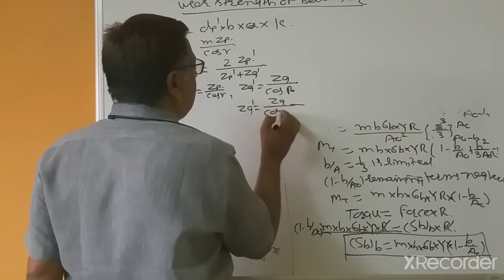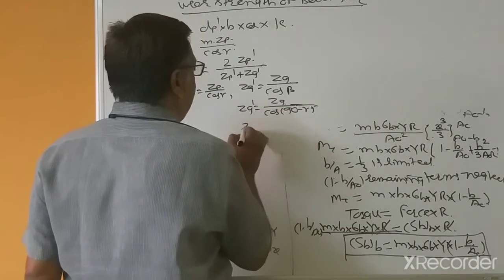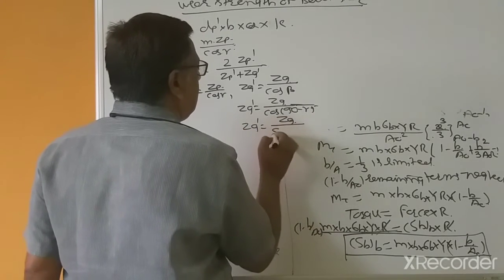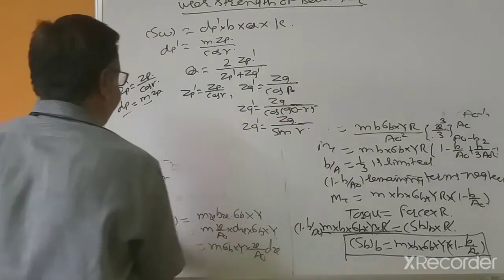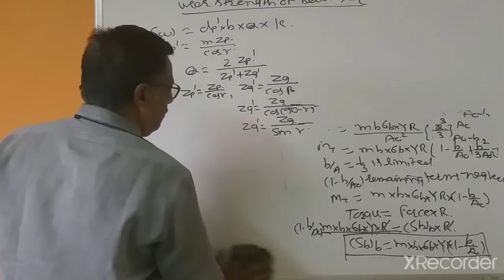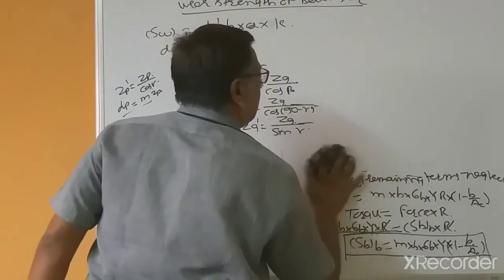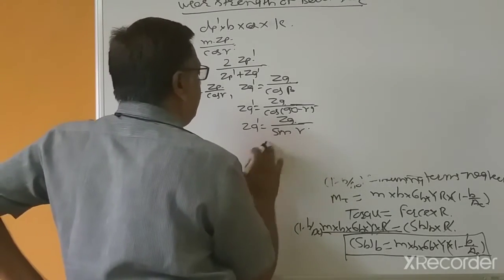Same, you can write this as 90 minus gamma, so this is sin gamma. Zg dash equal to Zg divided by sine gamma.